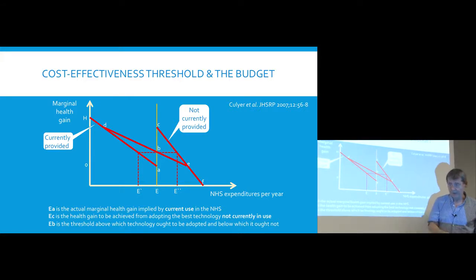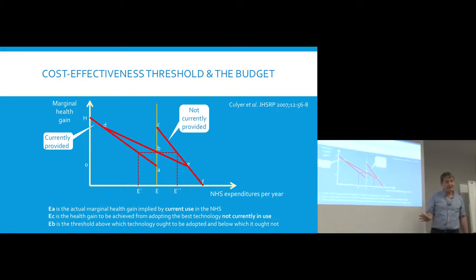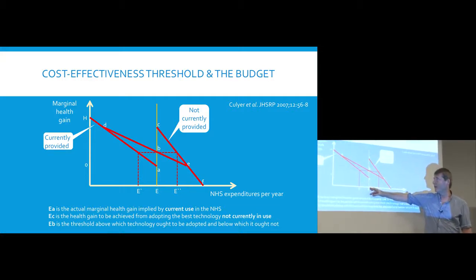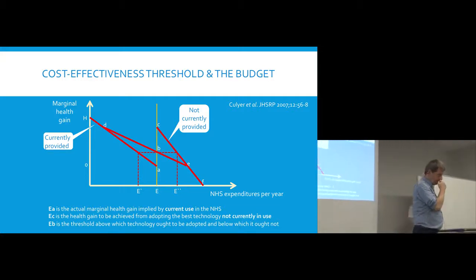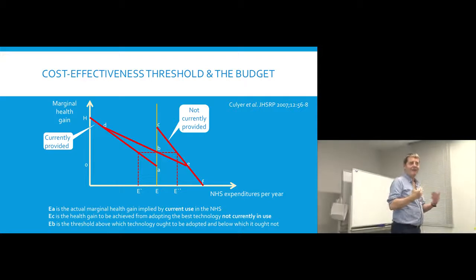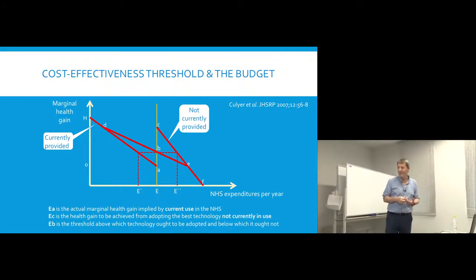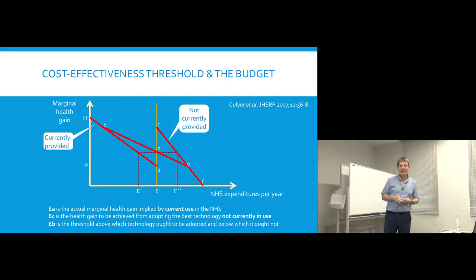If it does, it should be done. If we did that, we could afford to do everything that meets that threshold. The budget's big enough. But there's no mechanism to make that happen currently. And therein lies the problem.